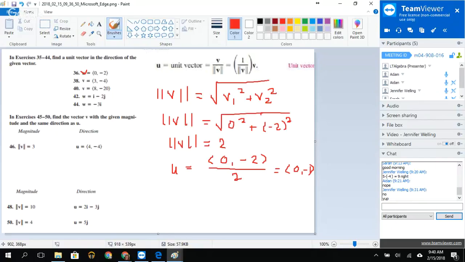So I think this makes sense if you just think of this as a graph, right? Our original vector is at 0, -2, and our unit vector is basically -j. It's 0, -1 in that direction. So that was kind of an easy one to start, right? Let's get a little bit more complicated.